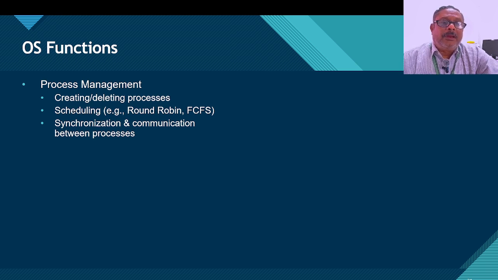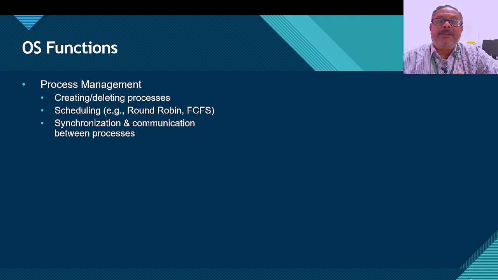Then we need to synchronize the various processes. If one process wants to communicate with another process, then there has to be some synchronization. Say if two processes are trying to communicate and one process wants to send a message to another process, then the other process should keep waiting till the first process sends a message and the second process receives it.